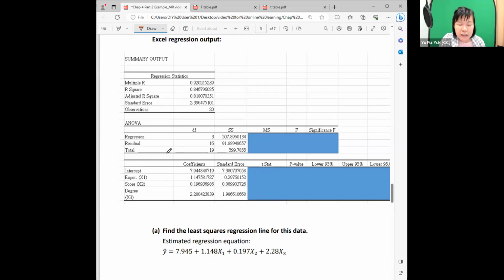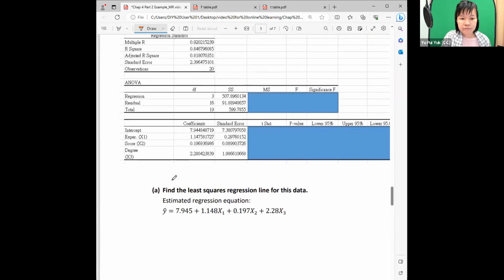However, in the final examinations or in the assignment, I would hide some of the parts here, so that you can only use what you are given in the Excel output to do the questions. In this video, I will demonstrate how to run the full regression analysis in Excel.